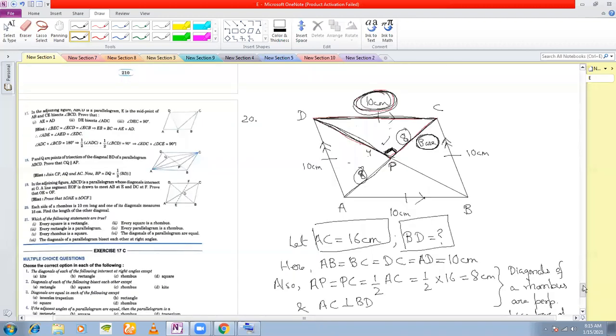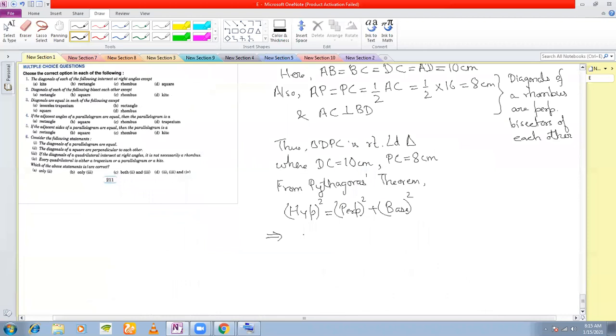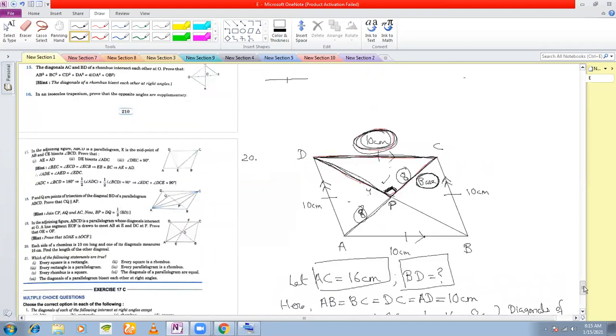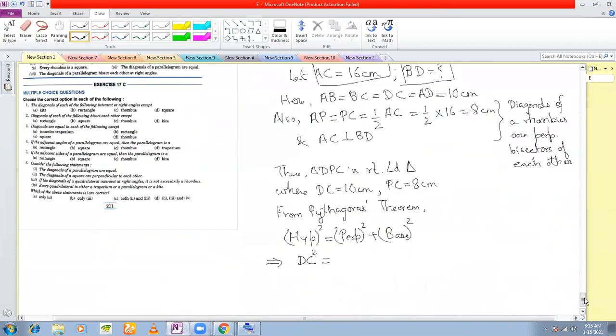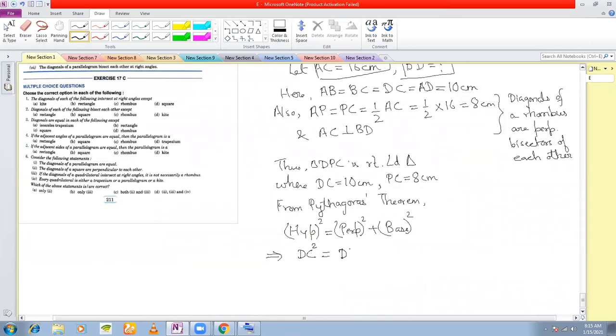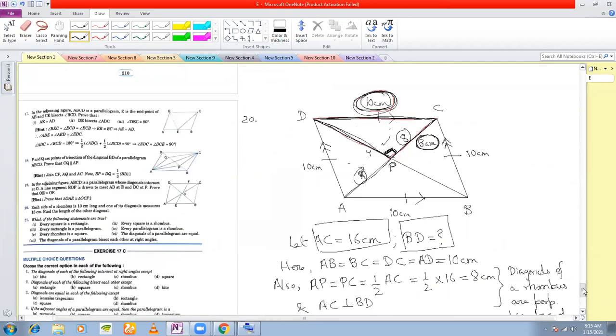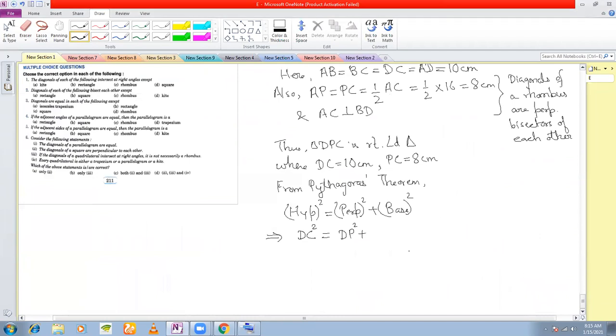If you see in the figure, hypotenuse is DC, so DC square. And which one is the perpendicular? DP is the perpendicular whose length we need to find out. So we'll write DP square. And which one is the base? The base is PC. We will write PC square.